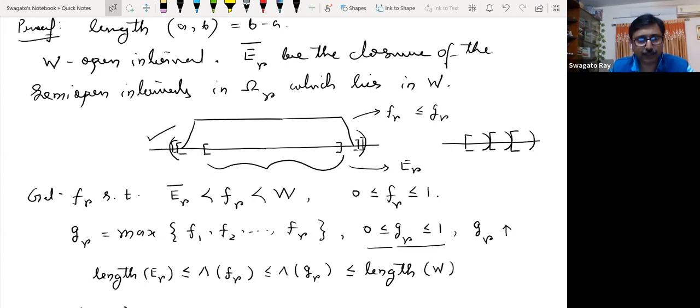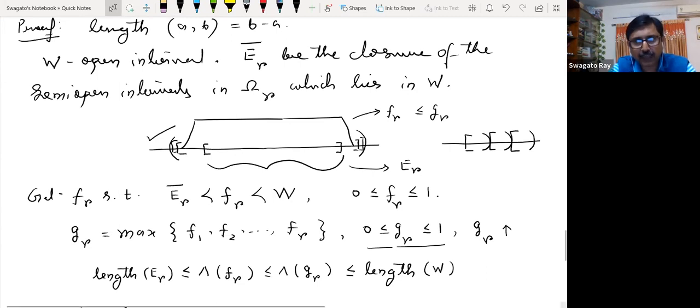right? Now on ER closure, FR is actually equal to 1. That means GR is also equal to 1 there, because GR is bigger than FR and lesser or equal to 1.